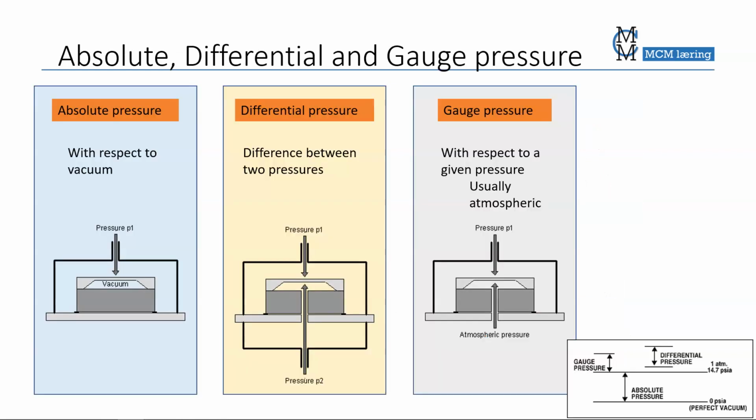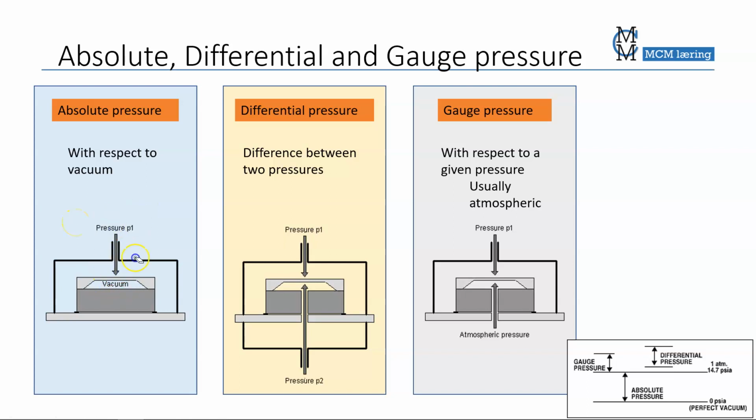When we measure the pressure of a container, we can measure it in 3 different ways. The first way to measure pressure is absolute pressure. That is when you compare the pressure that you have on your side to vacuum.